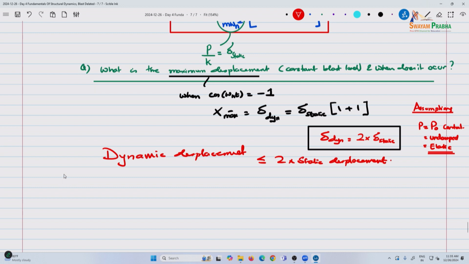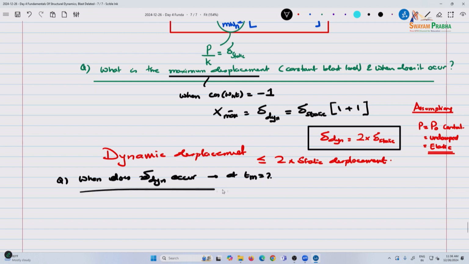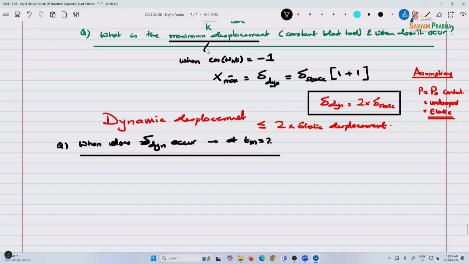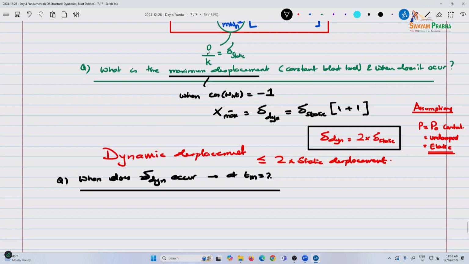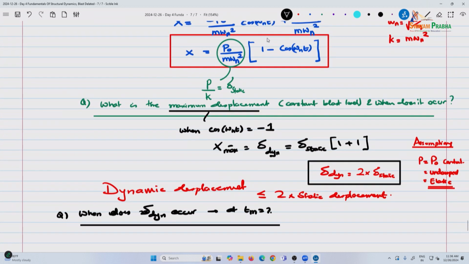Then the next idea is when does it occur? In other words, at T max, any ideas? What would you do, suppose I ask you the question to find out when it occurs, where would you start?